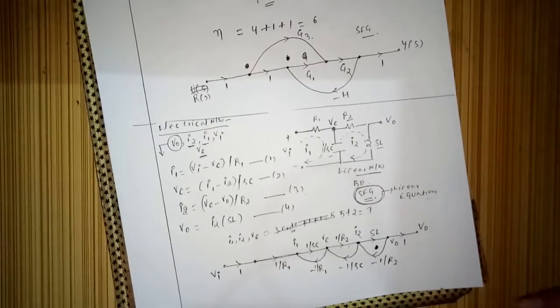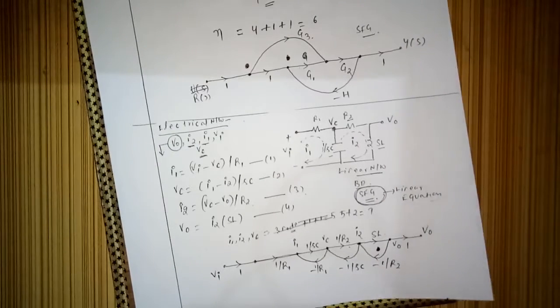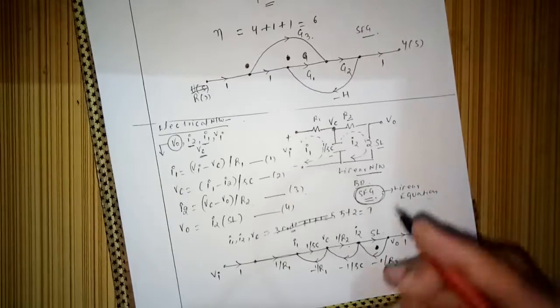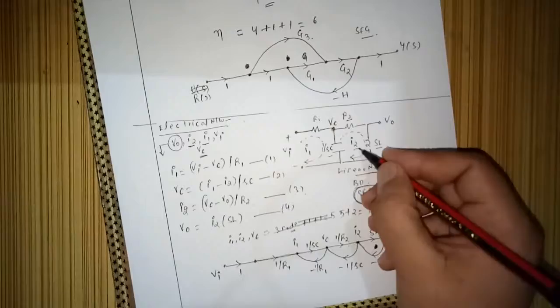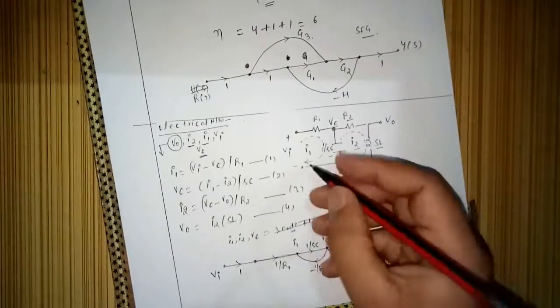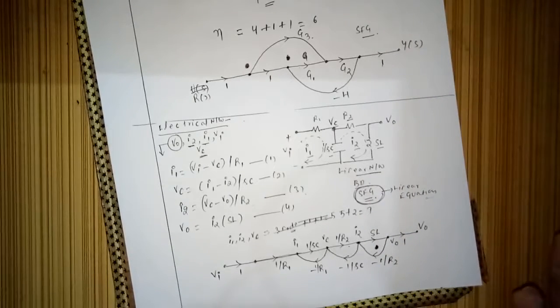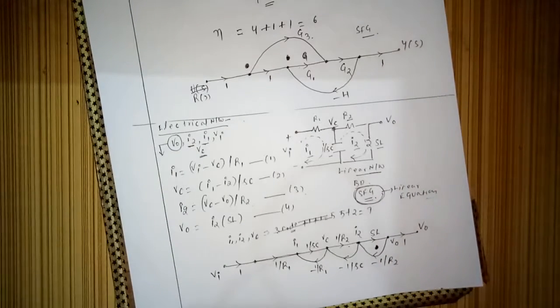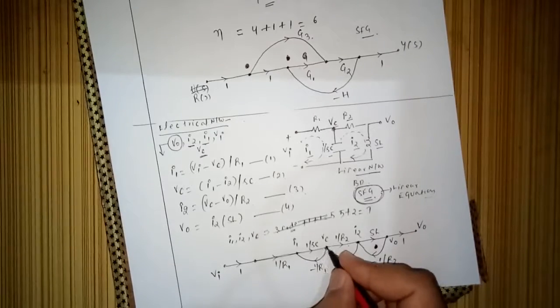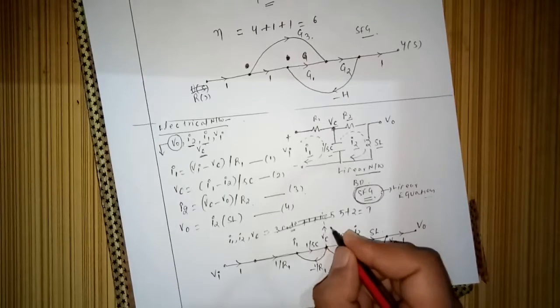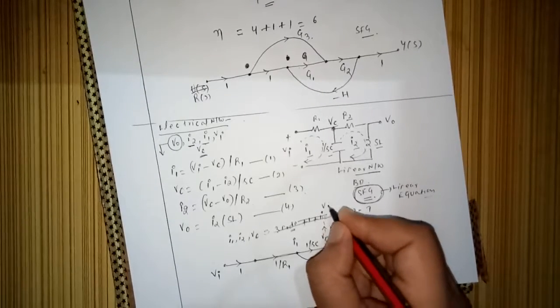So this completes our discussion of making a signal flow graph from our electrical network. Whenever we are dealing with an electrical network, we can take anything as output. I2 can be output, VC can be output, I1 can be output, and V0 we have taken as output. The only thing we need to do is, if I want to make VC the output, I can take it as gain 1 and represent this as output.